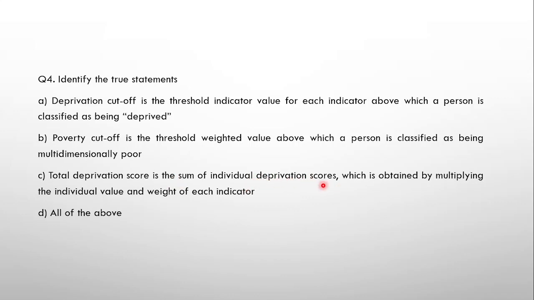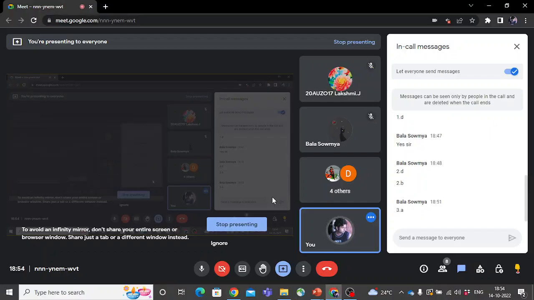Remember that table where I wrote all the 12 indicators and saw for each indicator whether they are deprived or not, and then wrote down the values 1 or 0, then the weights, and then the deprivation scores, and calculated the total deprivation score, which is just adding up all these values. It is obtained by multiplying the individual value and weight of each indicator. Value multiplied by weight. So that is this option, or D, all of the above.